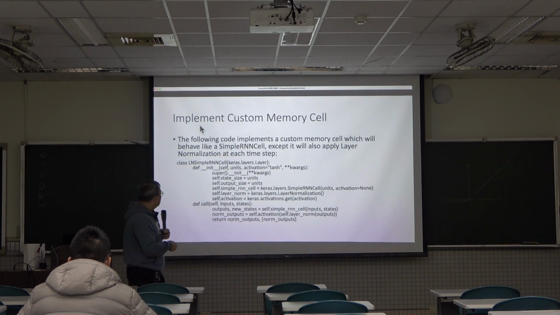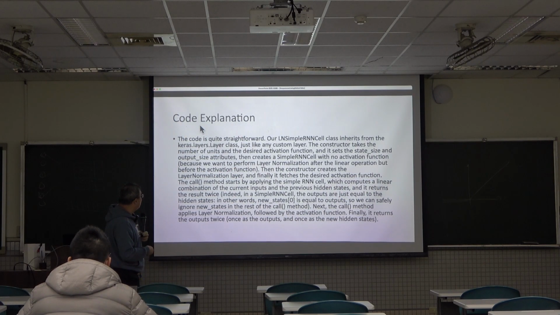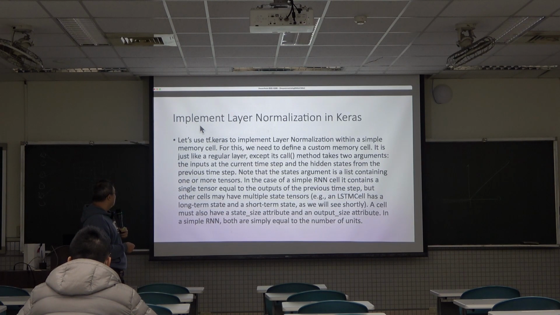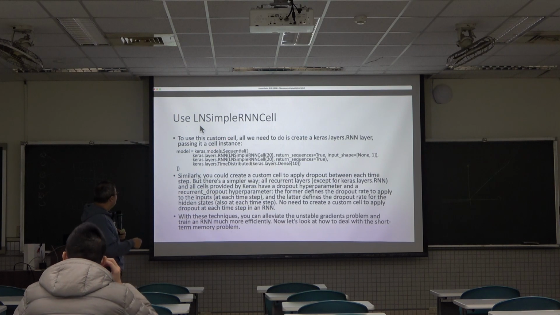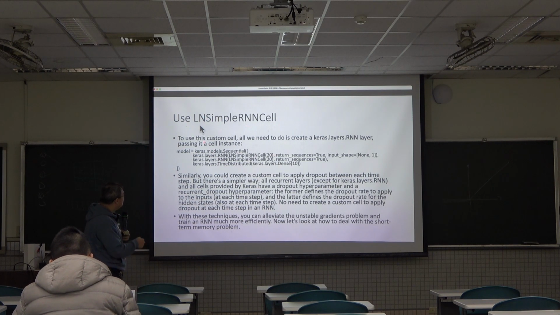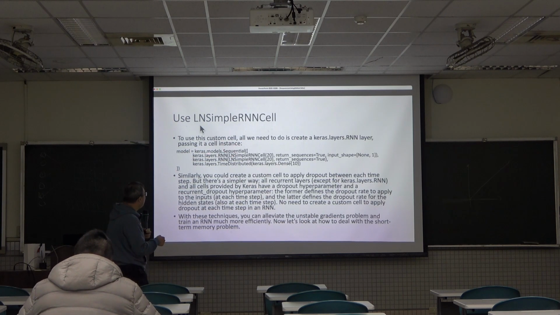I think I already explained what this code is, so not much to explain here. Then you can use this LN simple RNN cell to create a model like this, still using the sequential API.